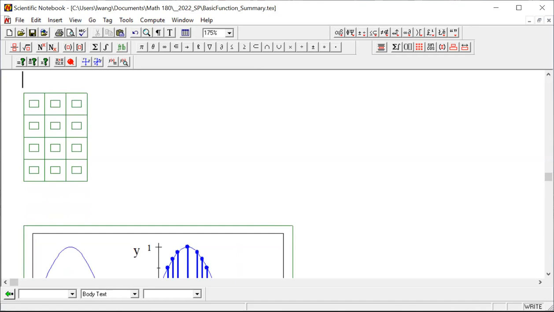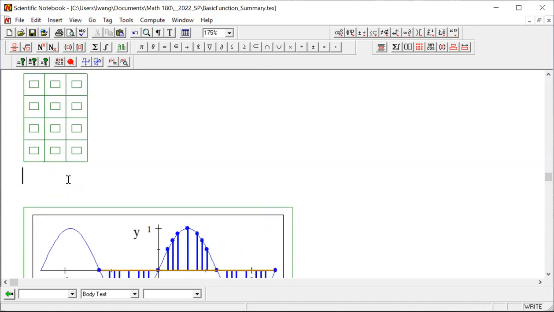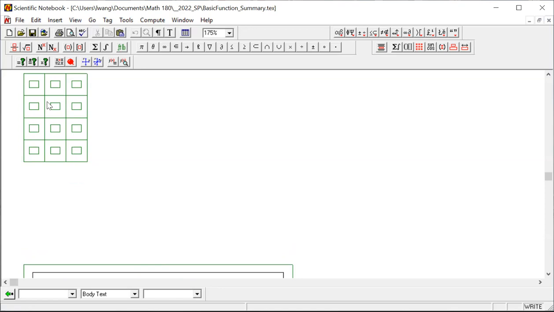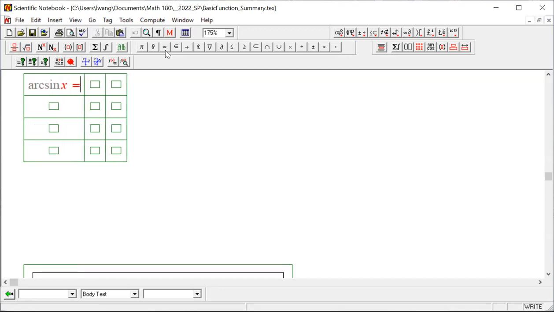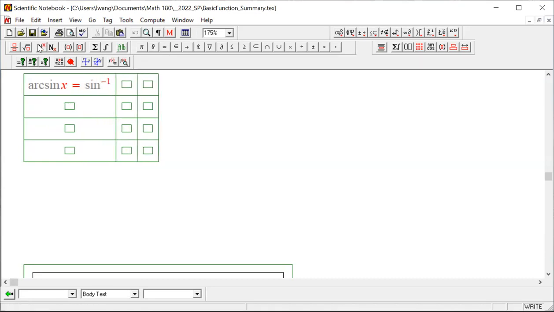Here I'm not going to repeat all the details, but just as much as we can. So arcsine is also known as sine inverse, written this way. It doesn't mean it's a reciprocal of sine. It just means it's the same as arcsine. So when you read it, say arcsine.